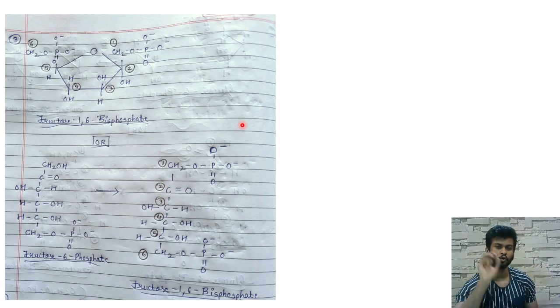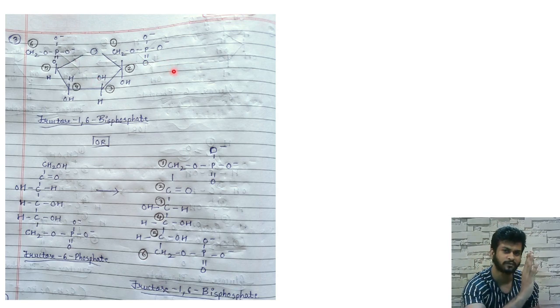Now, in fructose 6-phosphate, there was an addition of a phosphate group at the 6th position. In fructose 1,6-bisphosphate, 1,6, the 1 is also added now. So there will be addition of a phosphate group at the first carbon position also, and at the 6th carbon position it was already there. So the name has been changed from fructose 6-phosphate to fructose 1,6-bisphosphate.